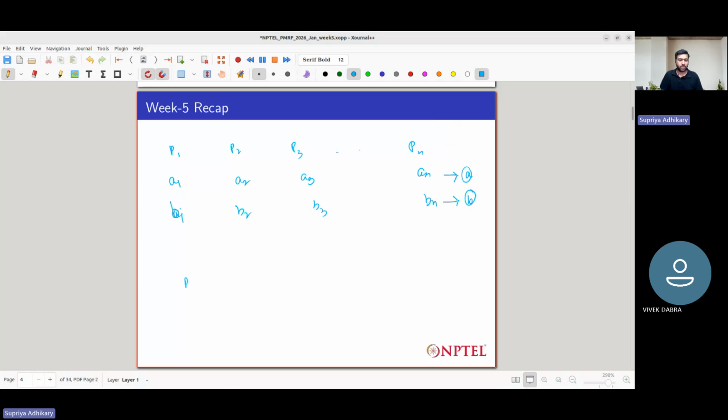So let's say P1, P2 up to PT generate this A1, A2 up to AT, and they reconstruct the polynomial. But after the reconstruction, they will know A. That we do not want.